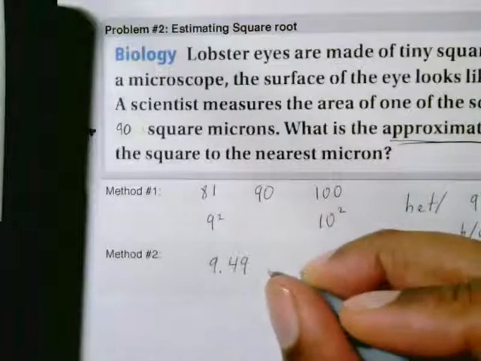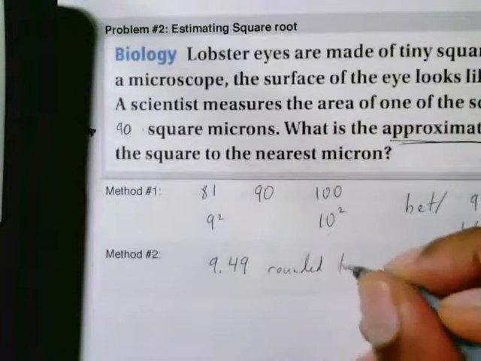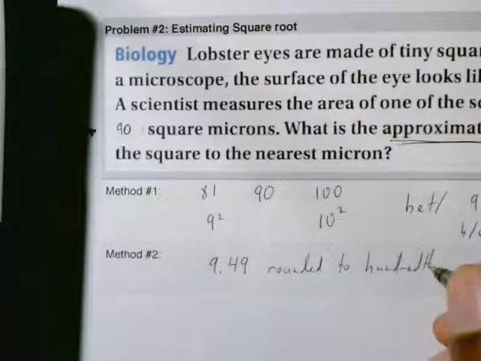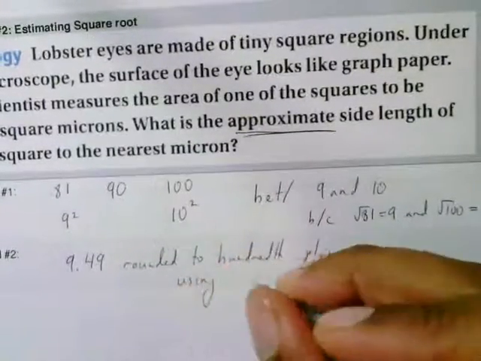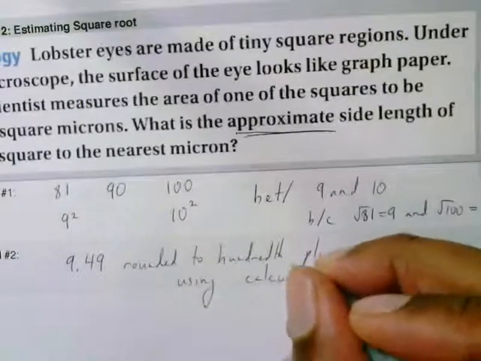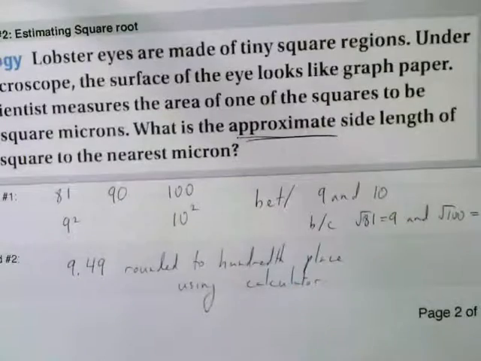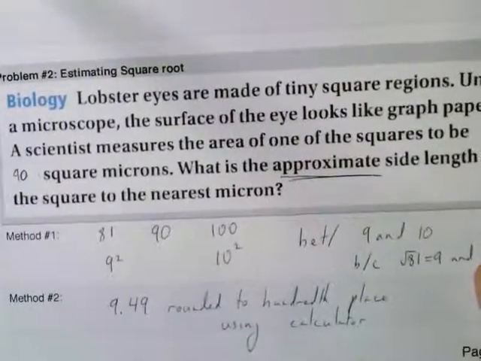I rounded to the hundredths place using a calculator. This is how we can estimate it if I can't find the square root easily. Hope I'm not going too fast.